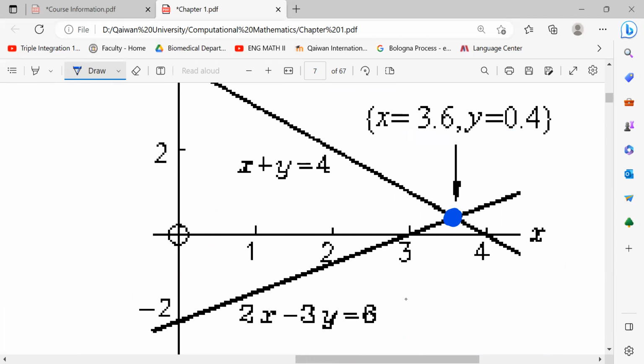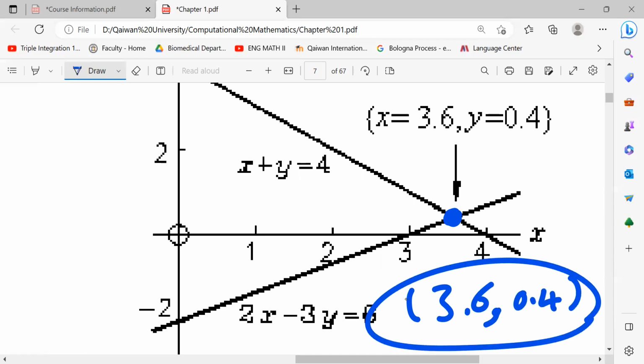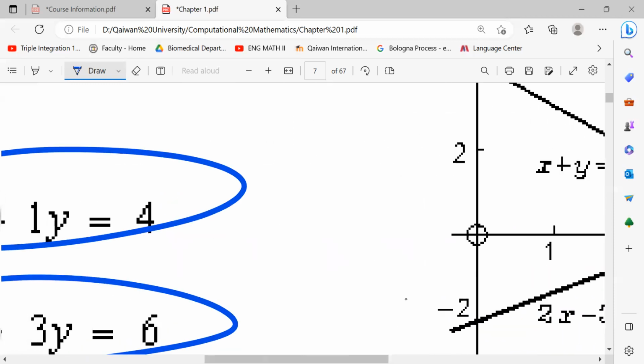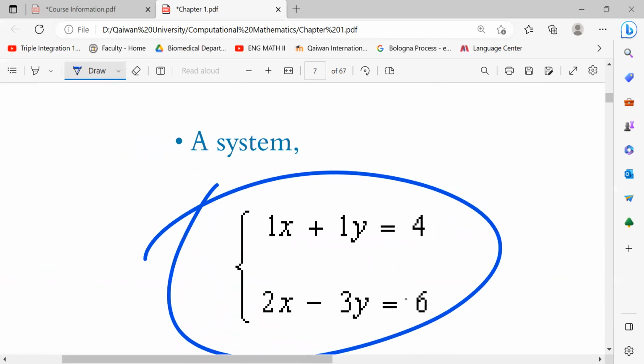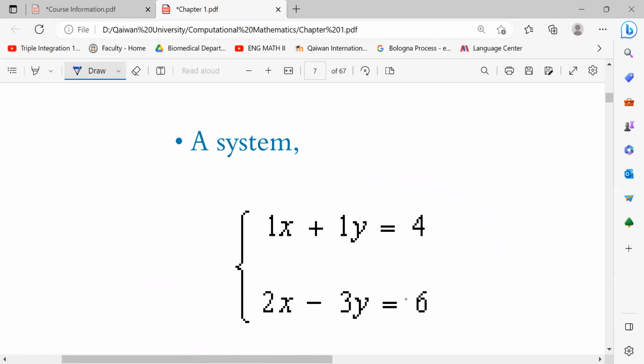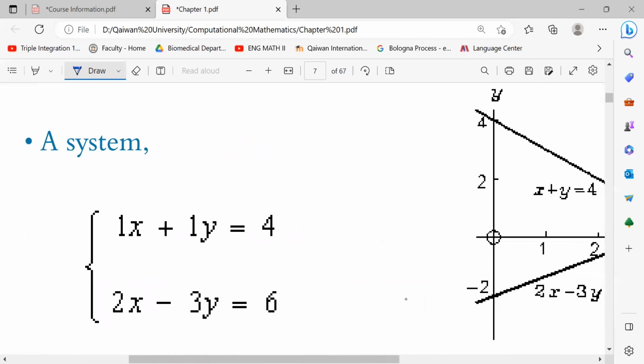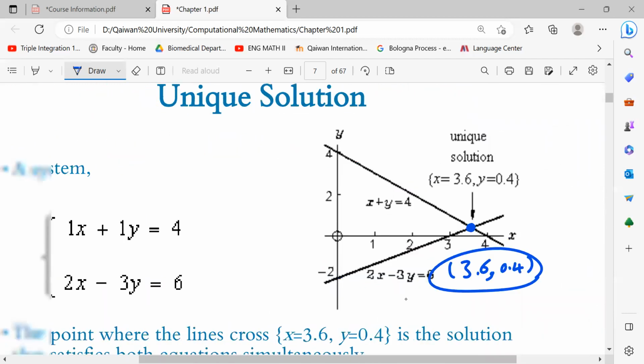That means 3.6 and 0.4 is the solution for the system, and you have no more solutions. You have only that solution, so this solution is a unique solution.